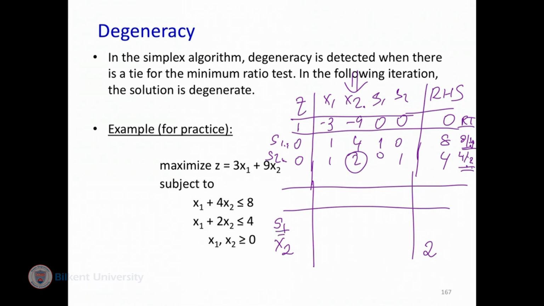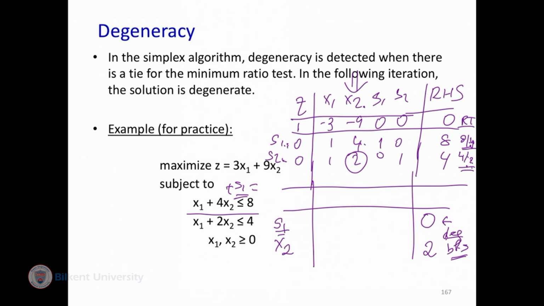What about S1? If X2 becomes 2, look at this equation, and look at this equation. What will be the value of S1? With X2 equal to 2, X1 will remain at 0, S1 will be equal to 0. So you will get a degenerate BFS.